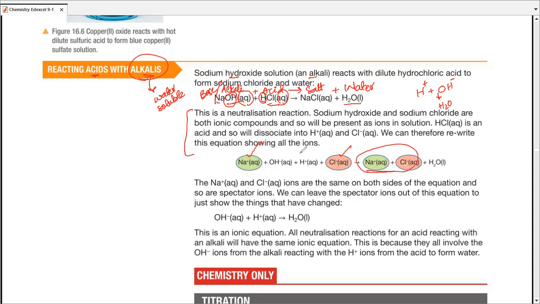But if I write this as an ionic equation, I do understand that the salt is a spectator ion. A neutralization reaction is all about forming the neutral product water, which is formed by H positive coming out of the acid, the characteristic of acid, and OH negative coming out of the alkali, the characteristic of alkali. So this is the ionic equation we end up with for every neutralization reaction. And that's a great way to talk about every neutralization reaction of acid and alkali. You're going to end up with H positive plus OH negative giving you water.